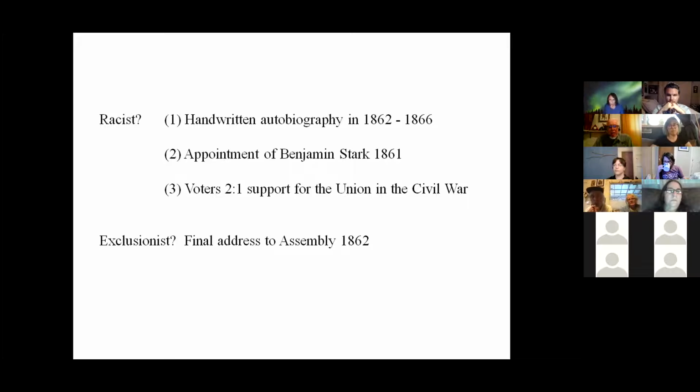And the vote against him in favor of Governor Gibbs was 2-1 in favor of the abolitionist side in the 1862 vote. So this indicated that on the question of white supremacy and racism, John Whitaker was, as they say, on the wrong side of history, even back in 1862.